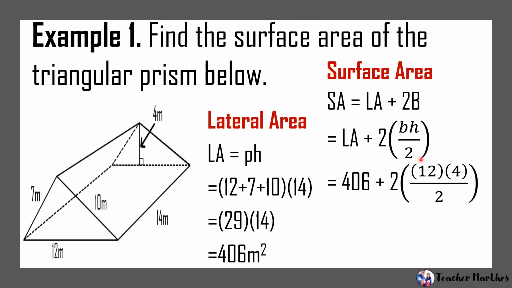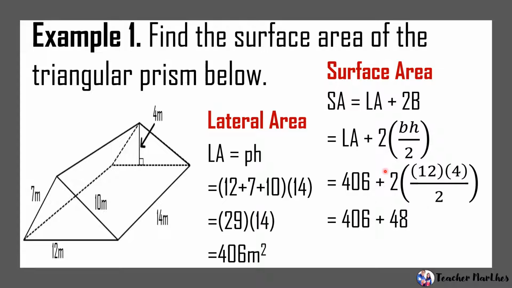So, let us evaluate. 406, ang lateral area ay 406. Galing dito. Then, 2, ang base ng triangle ay 12. Dito nakikita naman natin ang base niya ay 12. Then, ang height niya ay 4. Saan galing yun? Ito yung height niyang 4. Then, divided by 2.